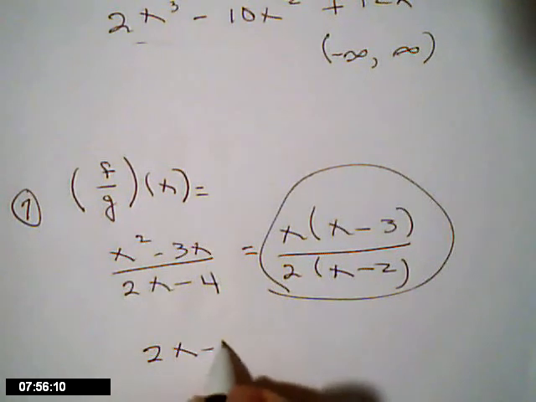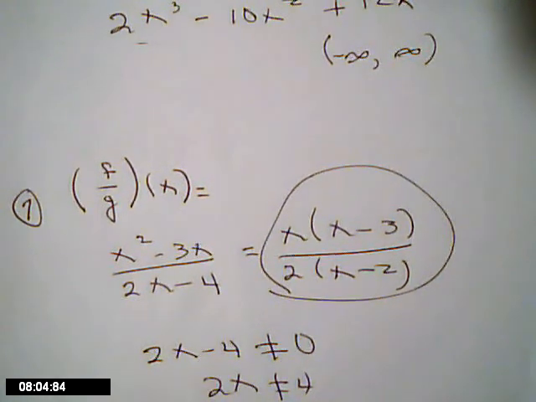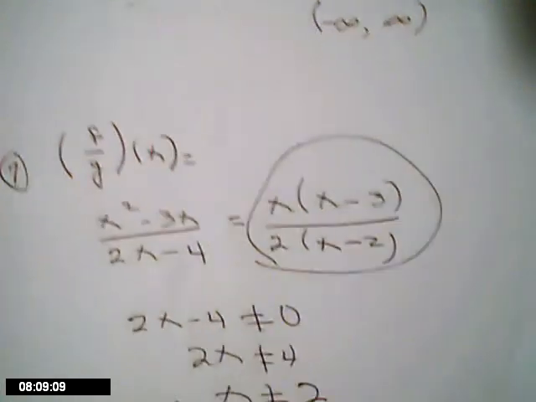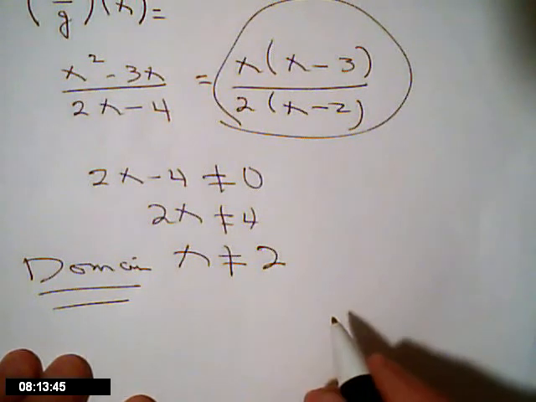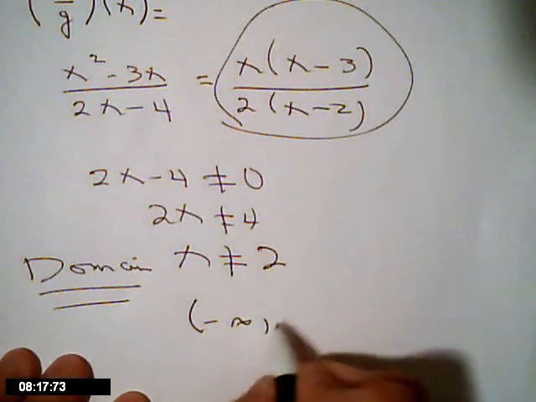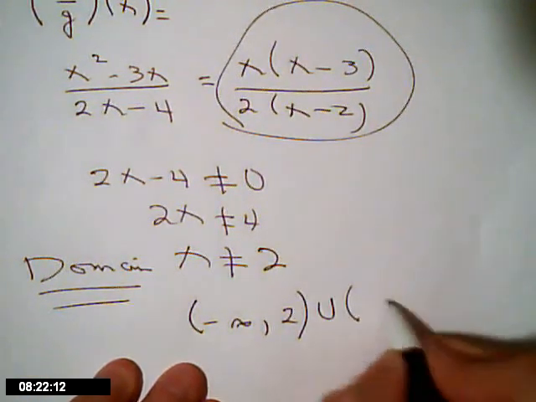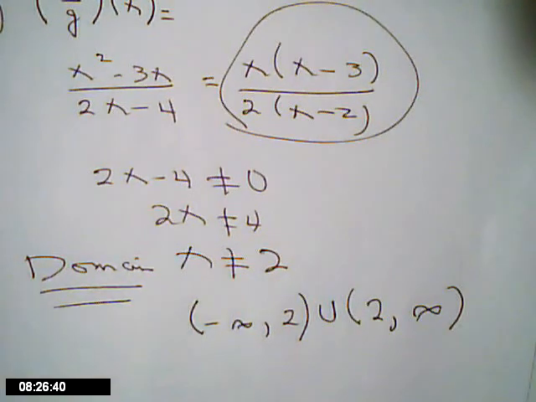You take the denominator and set it not equal to 0. And that tells us that x cannot be equal to 2. That's our domain. Now if we write that in interval notation, that means that x can be anything except 2. So that would be negative infinity to 2 with a parenthesis not to include it, and then 2 with a parenthesis to positive infinity would be the domain.